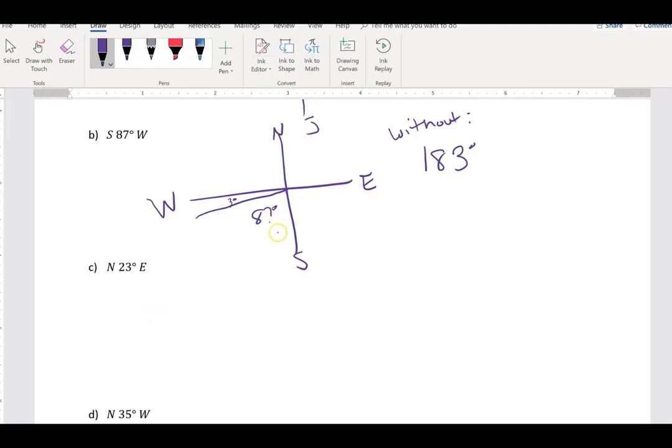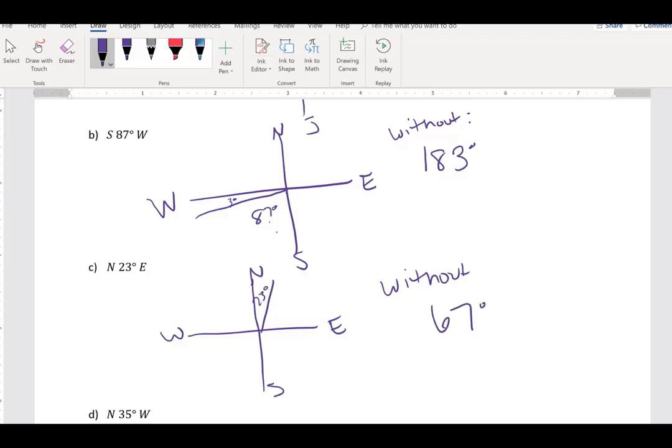The next example is north 23 degrees east. So north to east, this is 23 degrees. So without, take 90 minus 23, we get 67 degrees would be the angle.